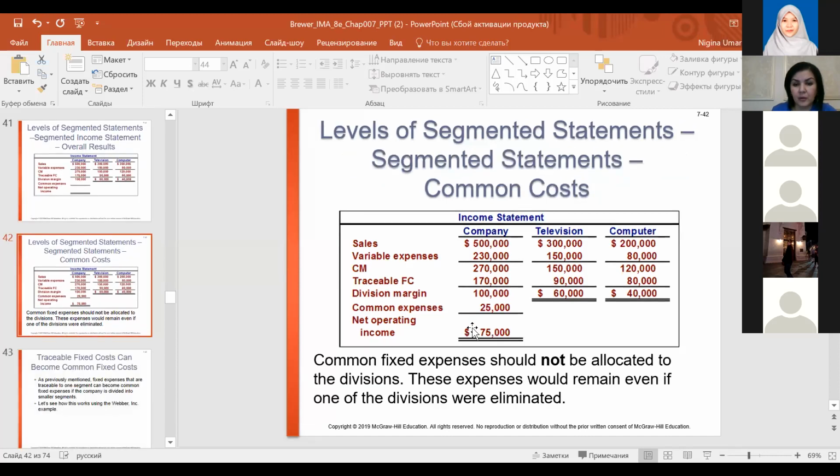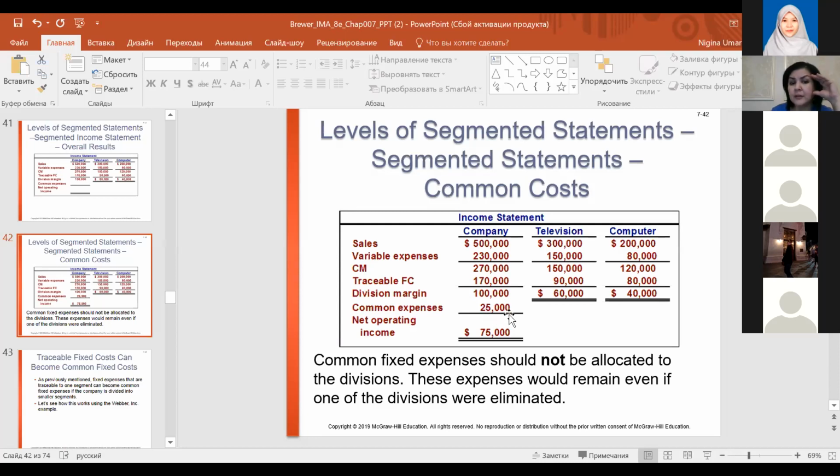Okay, and here on this table, we have common expenses. So we have division margin and we have common expenses. And as you see, common expenses are not traced to each division. Common expenses we subtract from the total division margin, from the total company's margin.